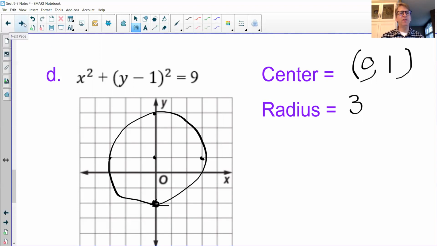Okay, moving along now to page 4. And some of this is going to be a review on completing the square. So just bear with me on this. Hopefully you remember how to do that. If not, these examples will refresh your memory, okay?